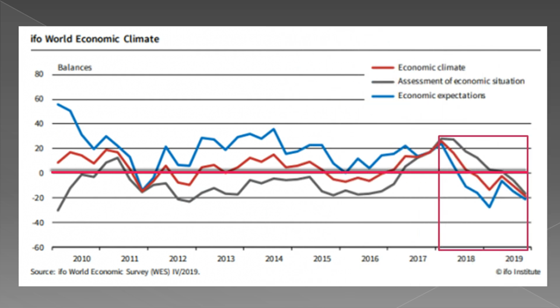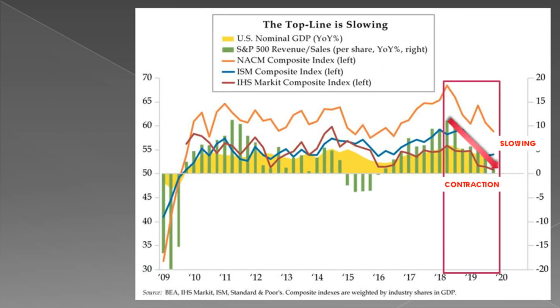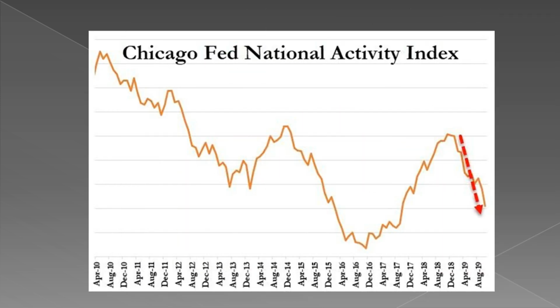The IFO World Economic Climate Survey has been warning for some time and is now negative at levels approaching those of the financial crisis. Any measure you look at tells the same story. This is the gun barrel that the emerging markets have been staring down now for 18 months and actually longer. But it is no longer just the emerging markets. The slowdown is washing ashore now in America, though it is later, as we showed earlier, in the economic cycle.